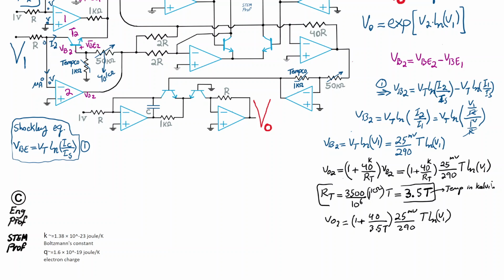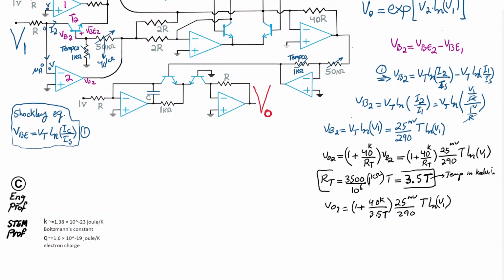Okay, so the impact of this component is much larger. Remember that we have 40,000 in the numerator and 3.5 T in the denominator, which at nominal temperature translates to 1,000. So with a good approximation, we can write this circuit as something like 41 divided by temperature.